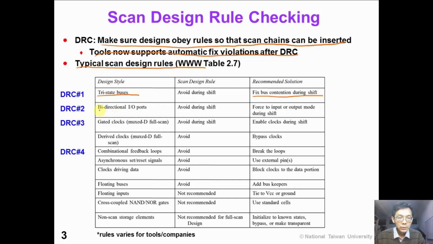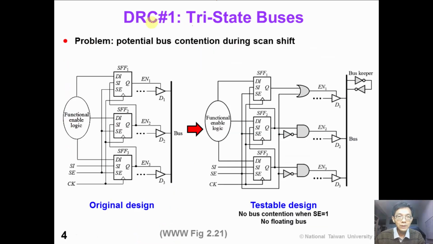And if we have bidirectional I/O pins, we should force it into an input mode or output mode during scan, and etc. There are many scan design rules, so we will only show 4 examples in this video. Please note that these rules can vary for different tools and different companies. Now let's introduce the first design rule: tri-state bus.